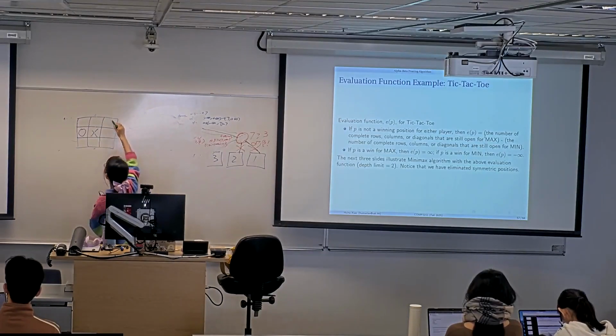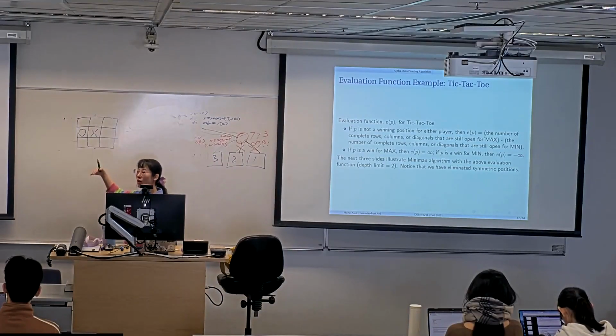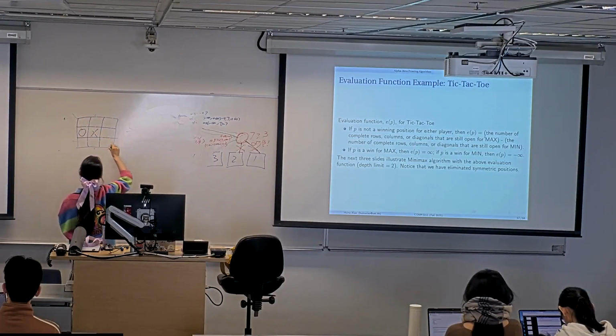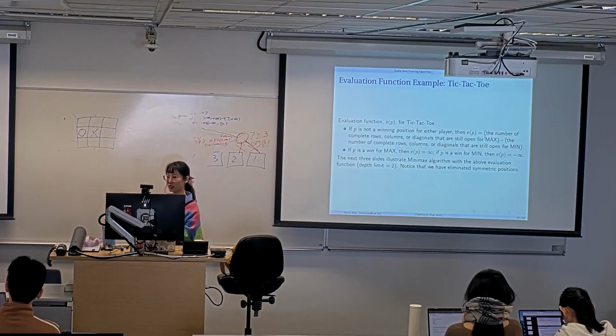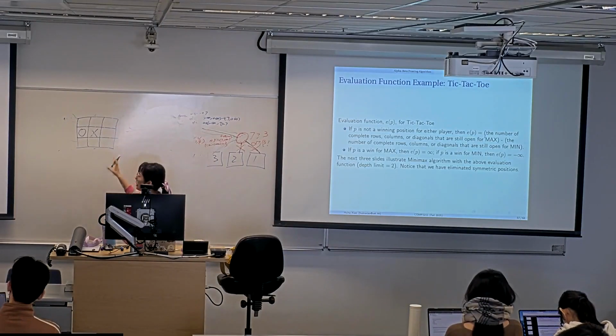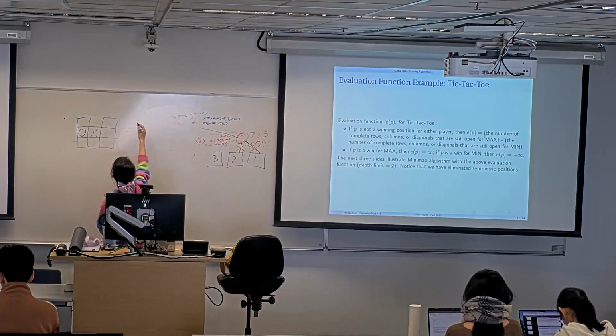The third column is open for the cross. Open means that it's still possible for the cross to occupy. And the two diagonals, they are open for the cross. So that means now the number of the lines, including rows, columns, and diagonals that are still open for max, after counting, we find that it's 1, 2, 3, 4, 5, 6.